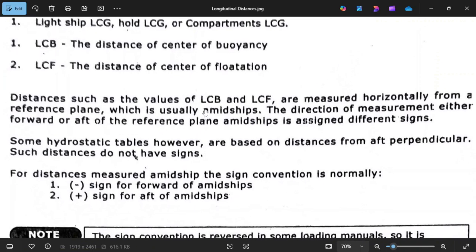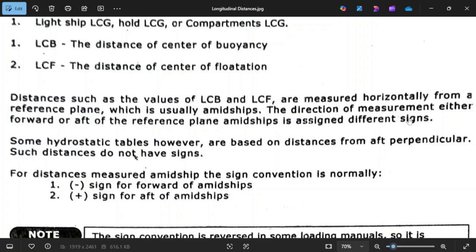Distances such as the values of LCB, the longitudinal center of buoyancy, and LCF, the longitudinal center of rotation, are measured horizontally from reference points. So they have a reference point where they are measured from, which is usually at amidships, the middle of the vessel.